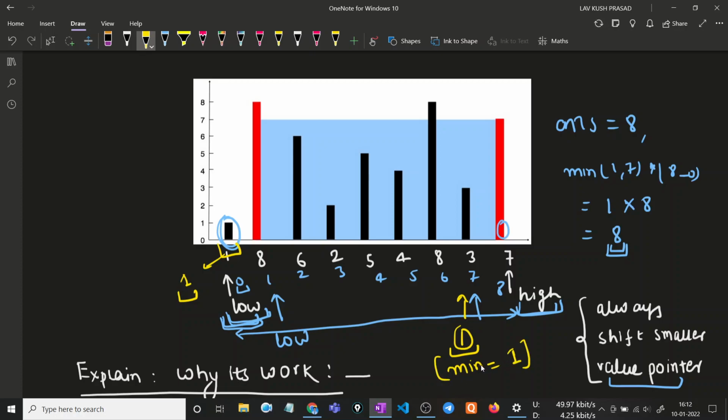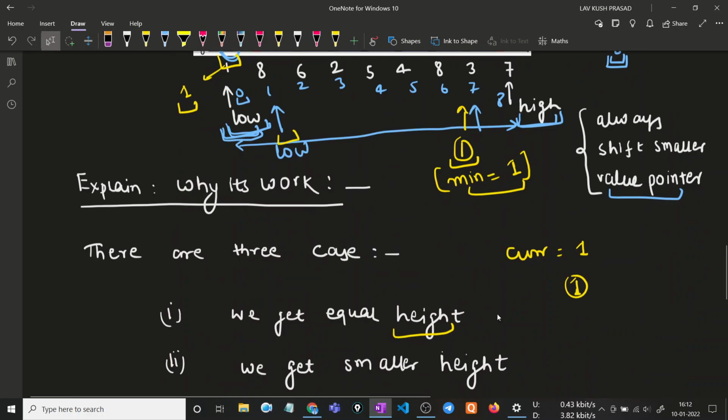So the result will not increase, so that's why we have to shift the lowest value pointer.